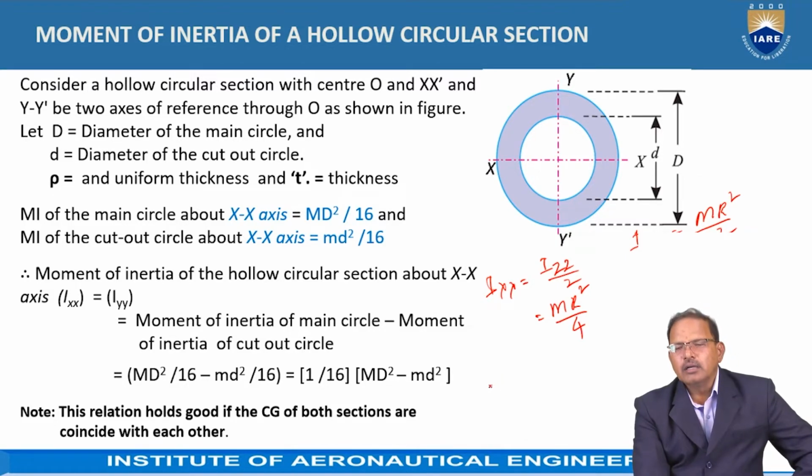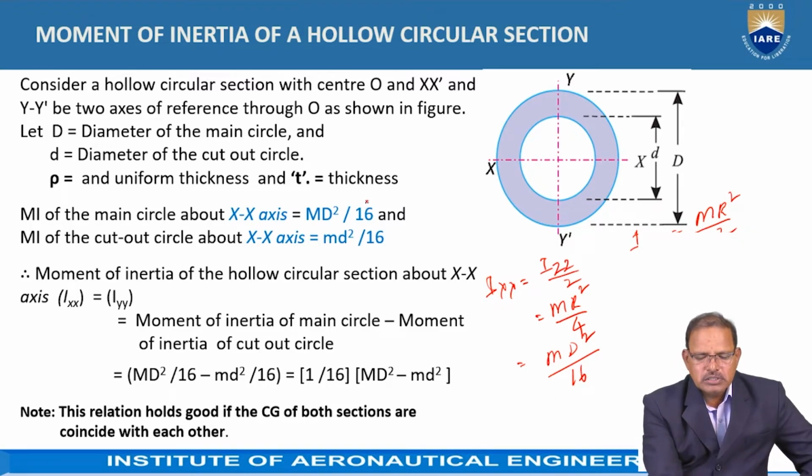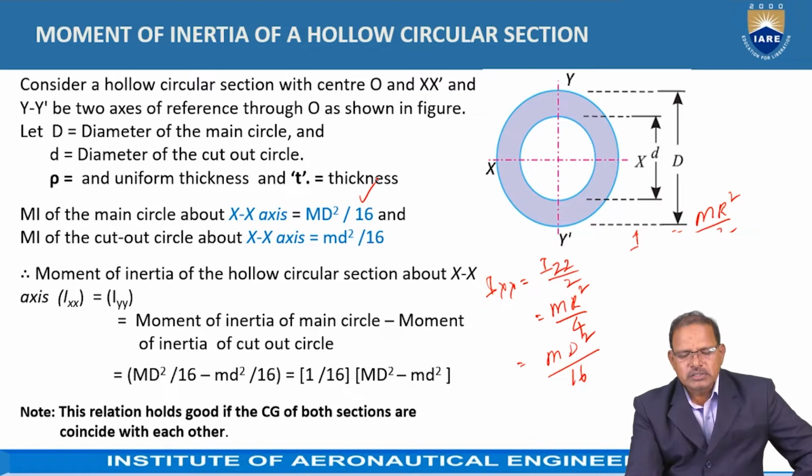When we represent r equal to d by 2, it can be written as m d square divided by 16. So this represents Ixx equal to m d square by 16.